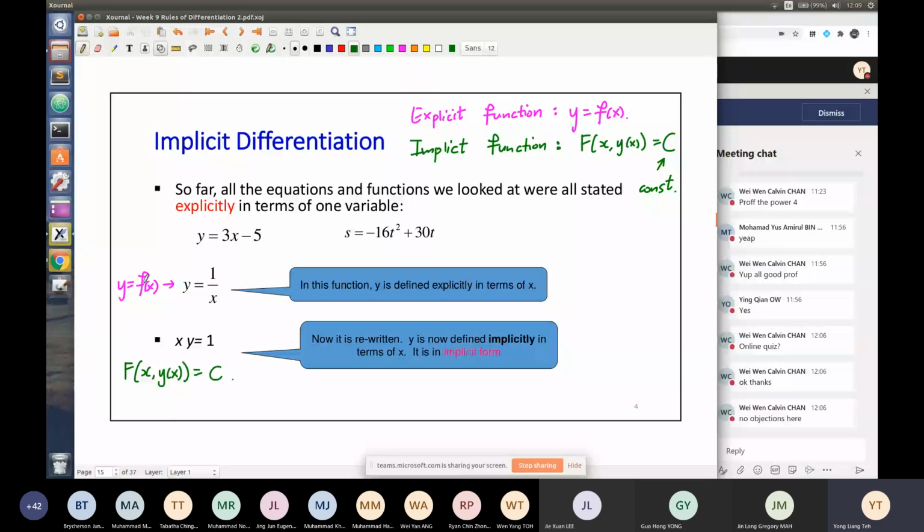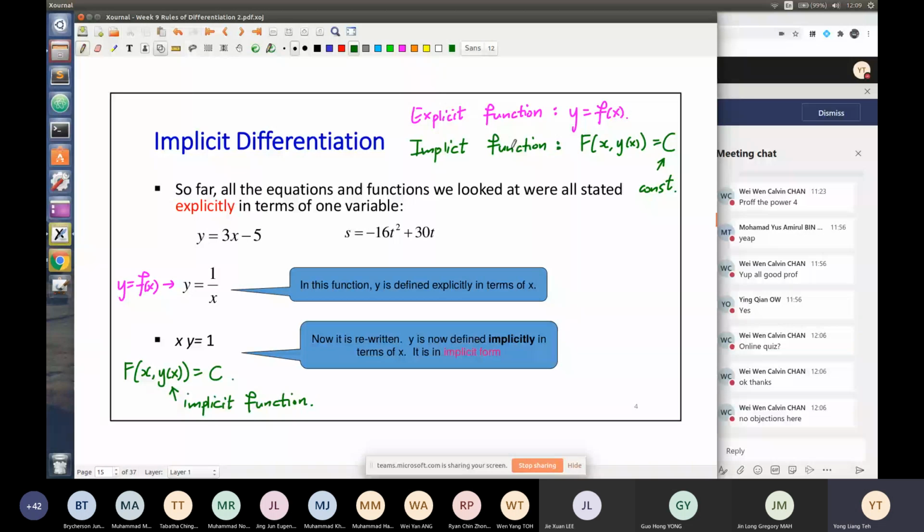If you can write this explicitly, then y is a function of x, an explicit function. However, it is possible that you have this form as well, and in this case y as a function of x is the implicit function. Hence, we have the explicit function form and the implicit function form.